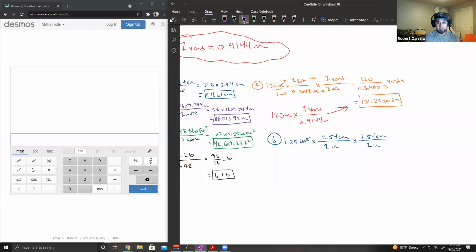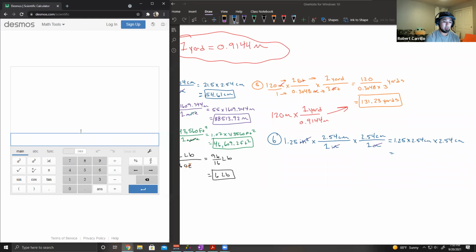So this is gone because those 2 are gone. And since there's only a 1 in the denominator, we only have to worry about the numerators. You're left with 1.25 times 2.54 centimeters times 2.54 centimeters.